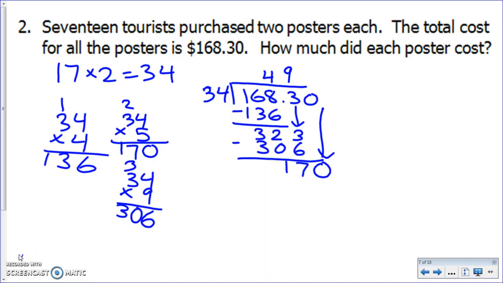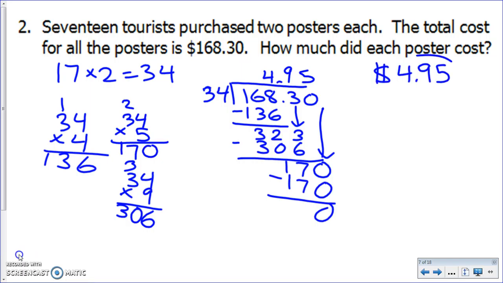And then we've got 170, which we already know 34 goes into 5 times. So each poster costs $4.95.